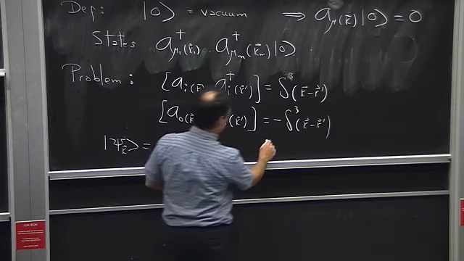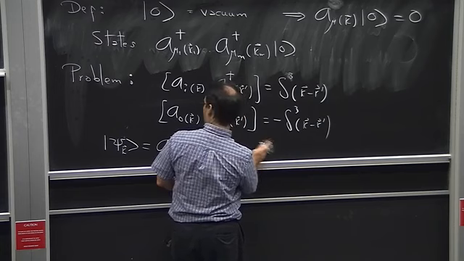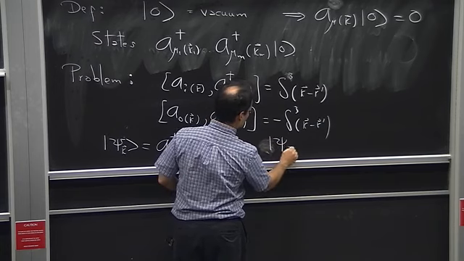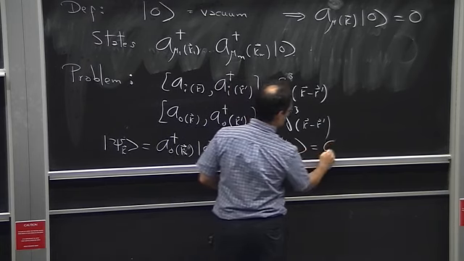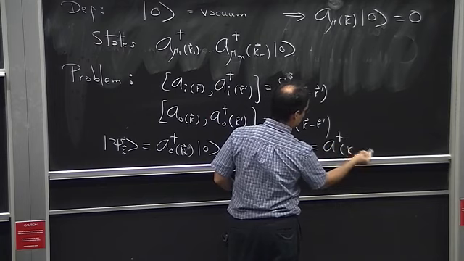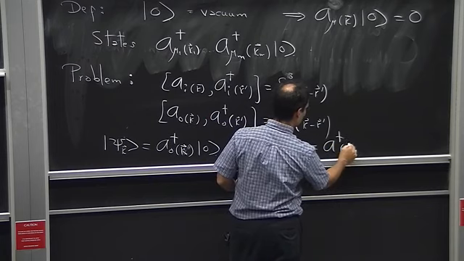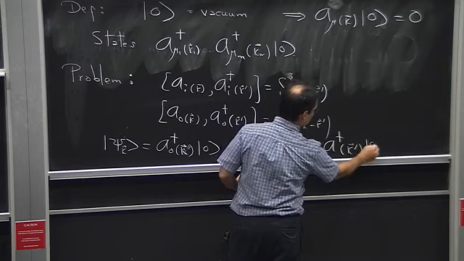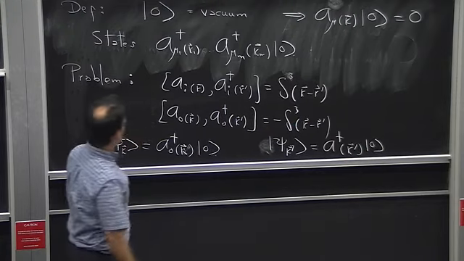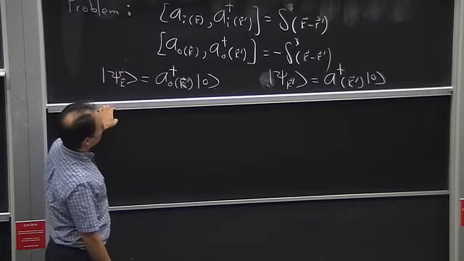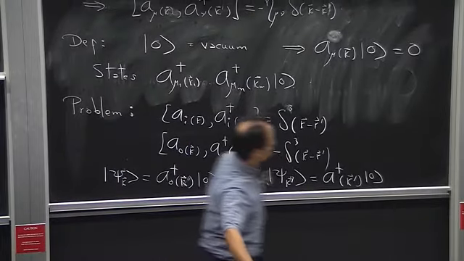Create another one, k prime, using the same creation operator. Okay, but different momentum, k prime. Now compute the norm of these two. Let's see, where do we do that? We can do it here.